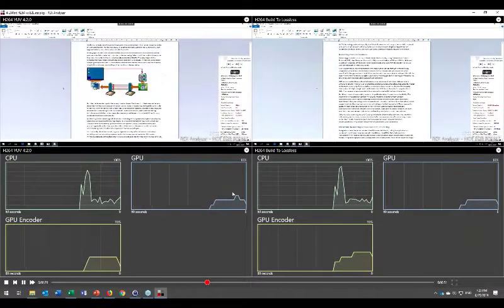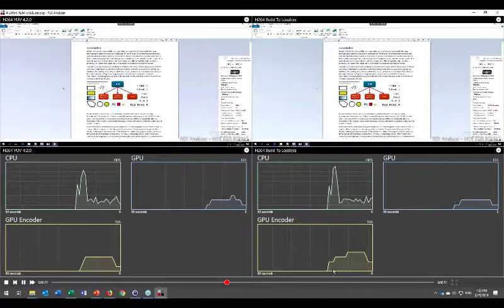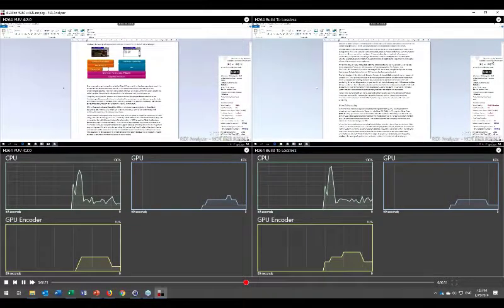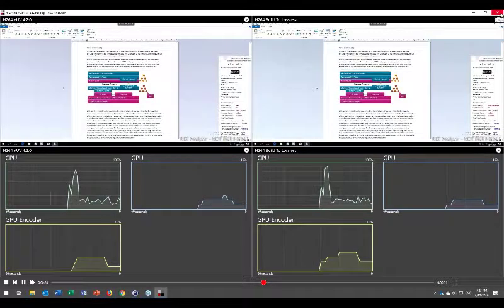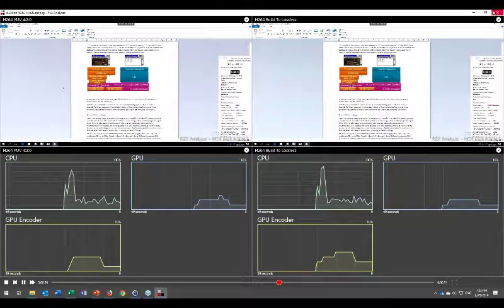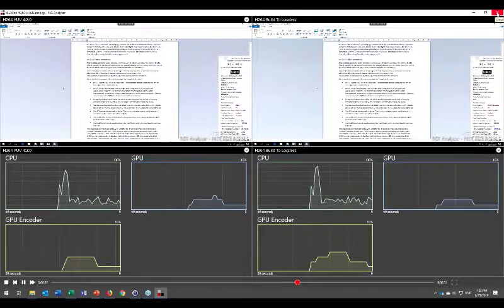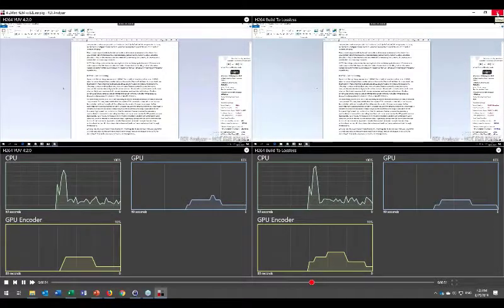But as said earlier, they both use the GPU, they both use the GPU encoder, and the bandwidth is around the same. But the right side is just more sharp.